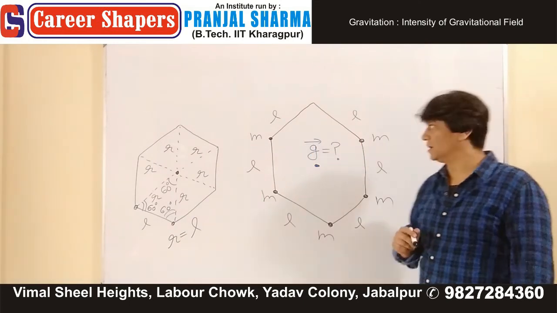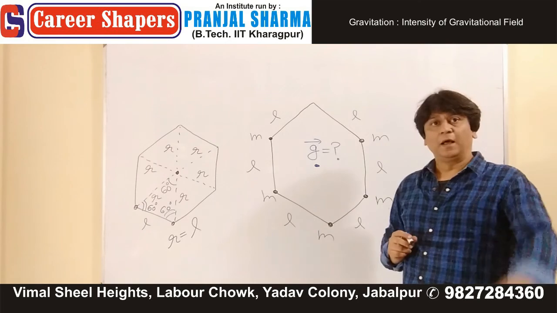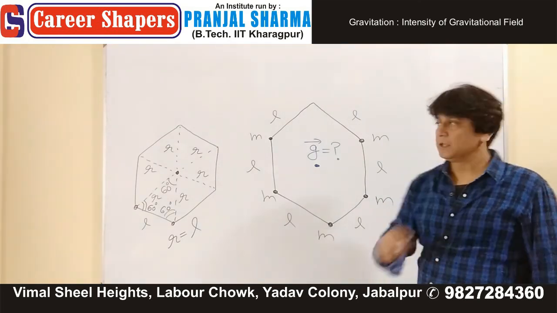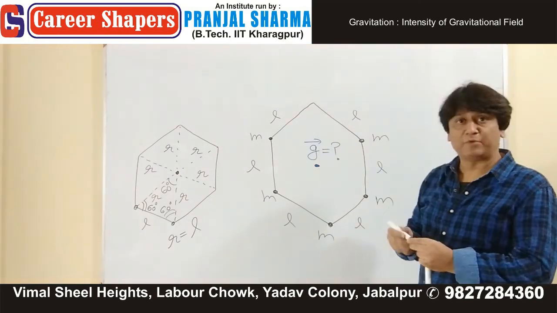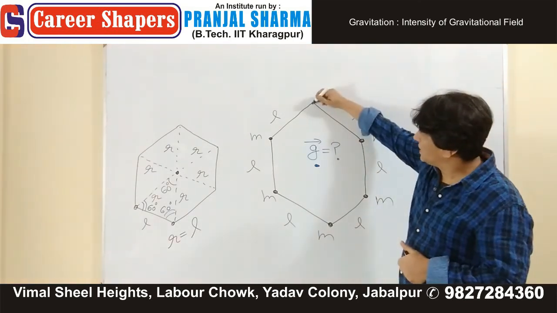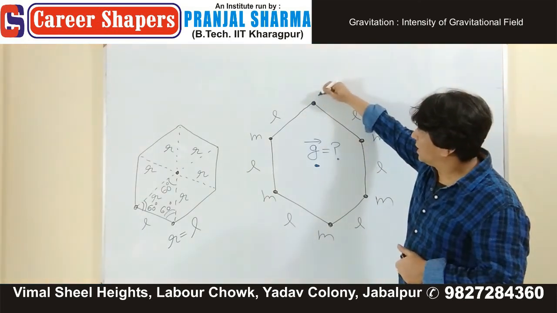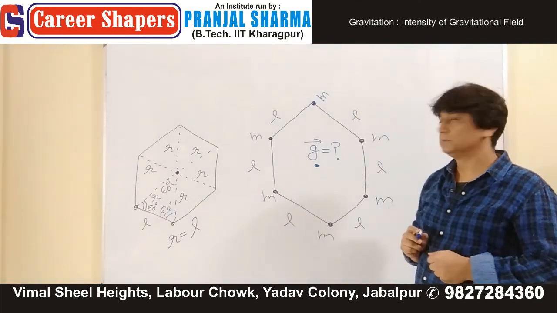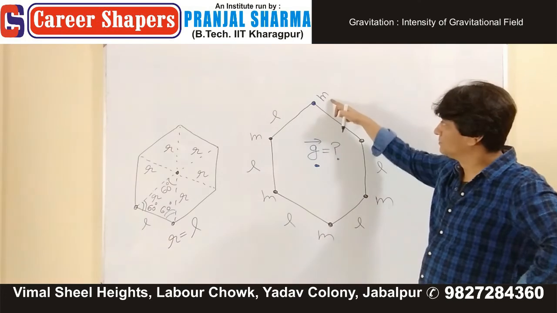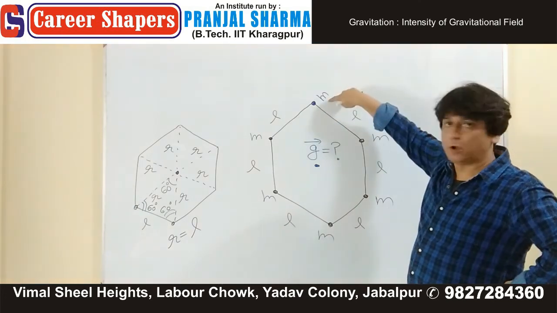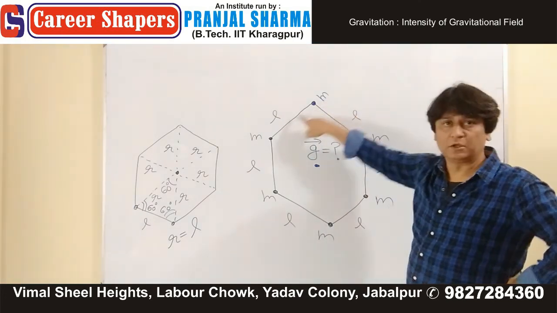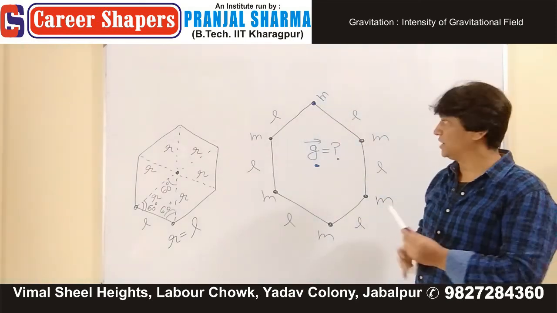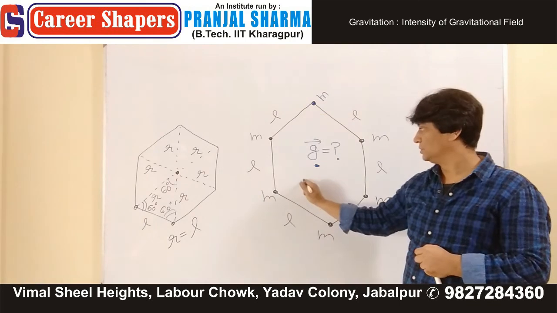अब यहां देखना, अगर मैं इस जगह पर, the empty position, यहां पर अगर एक m रख दूं, समझना, with this m also occupying the position, these 6, their total gravitational field will be 0.